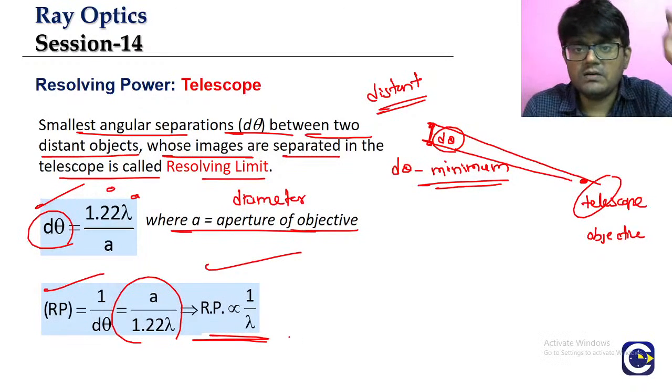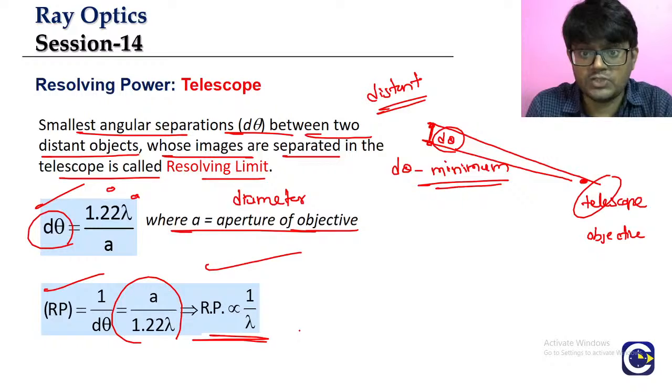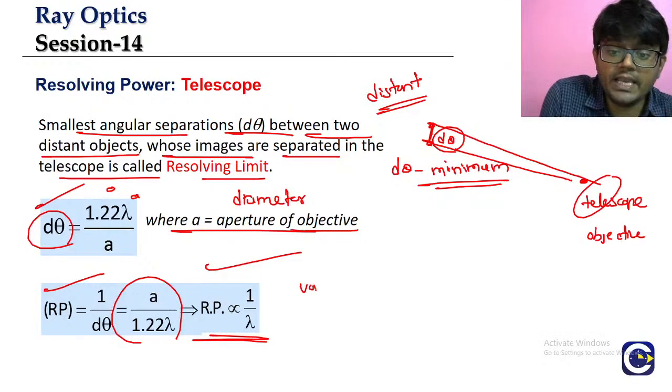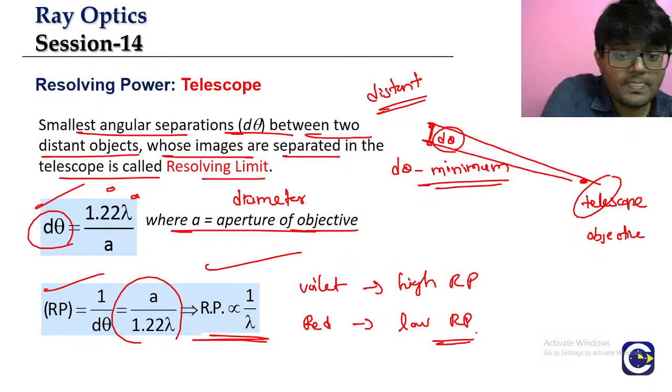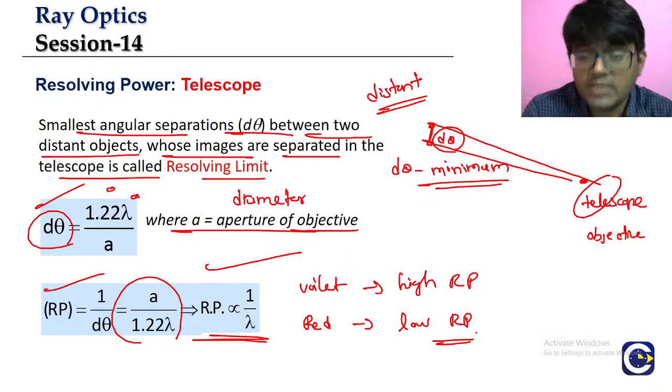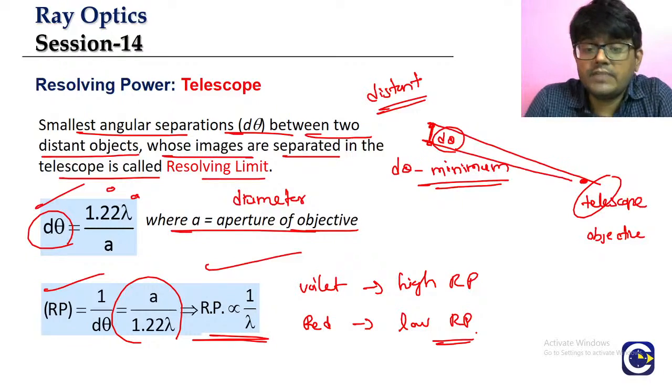In the case of the microscope we saw the same thing, resolving power is inversely related to the wavelength. Here violet will have a high resolving power, red will have a low resolving power. So this is about the resolving power of the telescope.